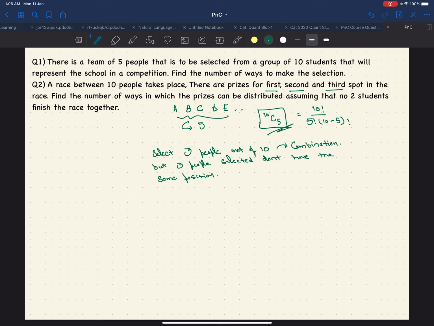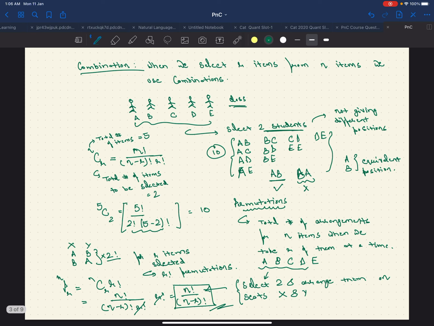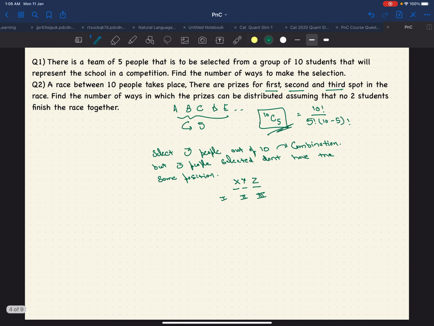So we actually need to arrange them in 3 different positions, that is first, second and third position. Just like we saw in our previous concept, we used X and Y positions for A, B and then BA. Similarly, we have 3 positions here and we are selecting 3 people.